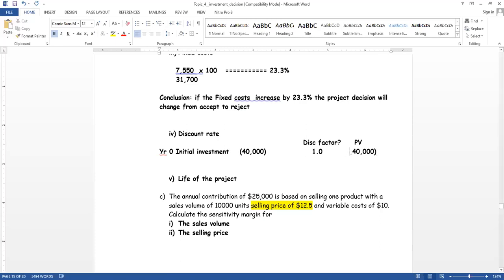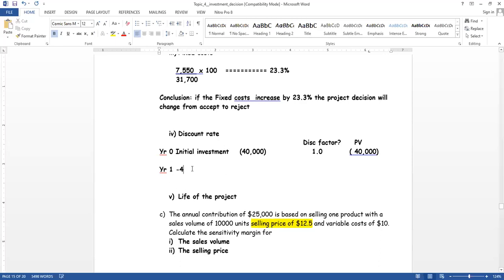Then the NPV, of course, now I have here 1 to 4. The initial investment, the cash flow, the returns, the net contribution. Net contribution is 15, because I have removed the fixed cost, 25 minus 10.